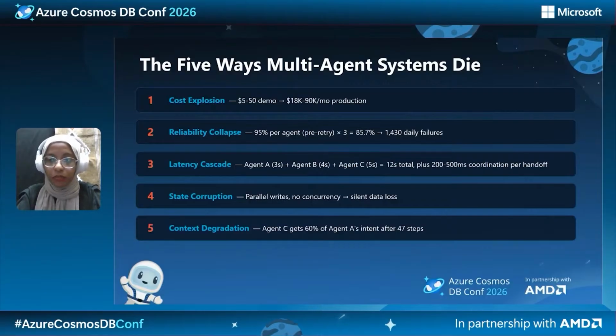Huge number. So number 3 is the latency cascade. For example, agent A takes 3 seconds, agent B takes about 4 seconds, agent C takes about 5 seconds.